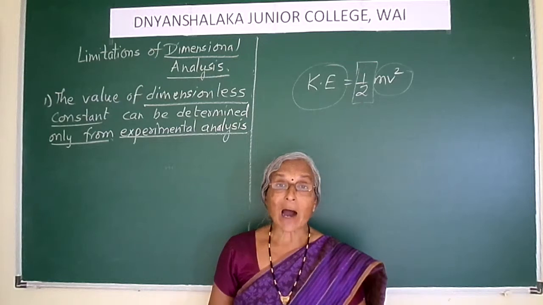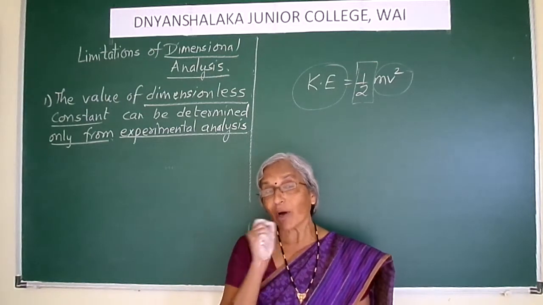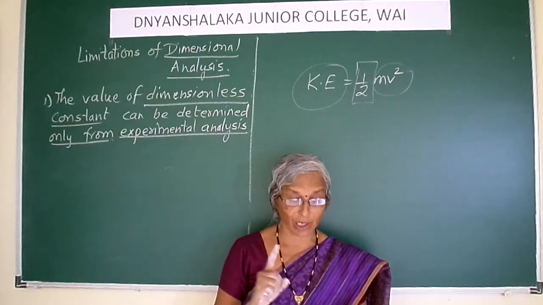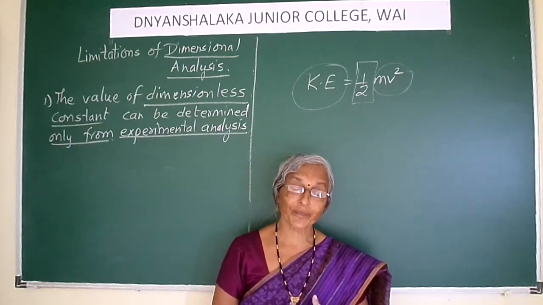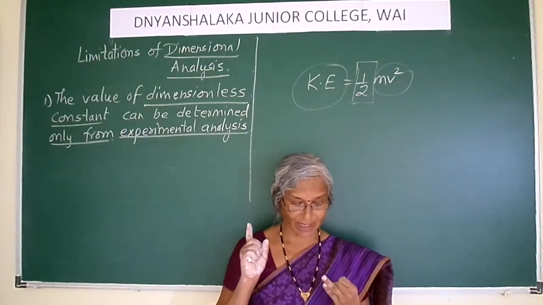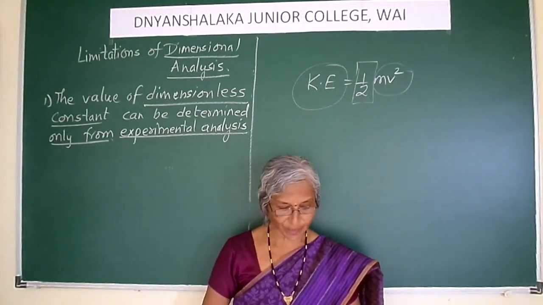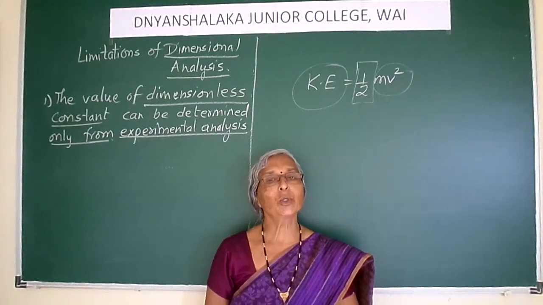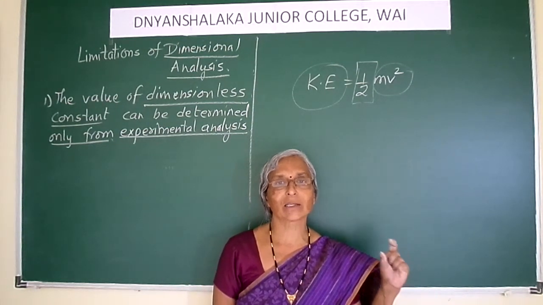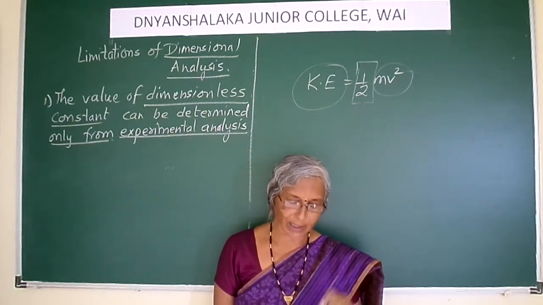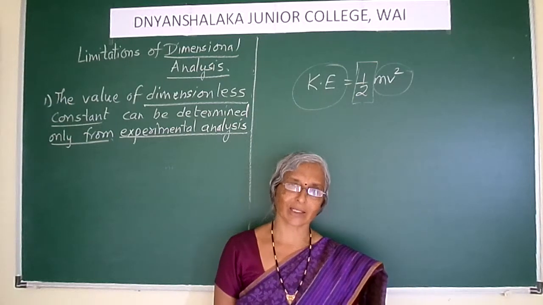Okay? Now, if a physical equation is given as a trigonometric function, or as an exponential function, or as a logarithmic function, you cannot find or prove its validity by dimensional analysis.